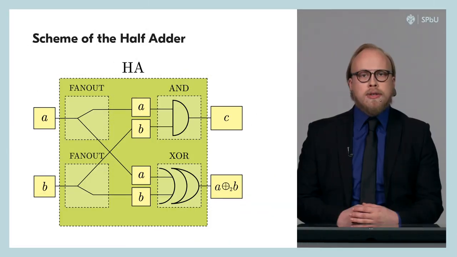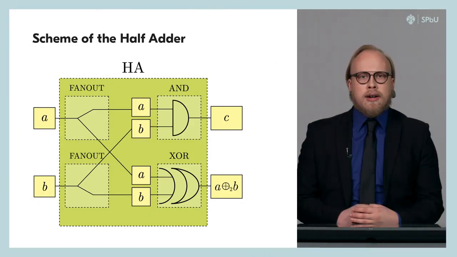The scheme of the half adder is presented on the slide. In the first step of the operation of such a half adder, copies of input bits A and B are created. Then, one of the resulting pairs of bits A and B is fed to the input of the AND element, and then carry bit C is obtained. As we were convinced earlier, bit C should be equal to 1 if and only if both A and B bits are equal to 1, and the AND element will provide us with just such a result.